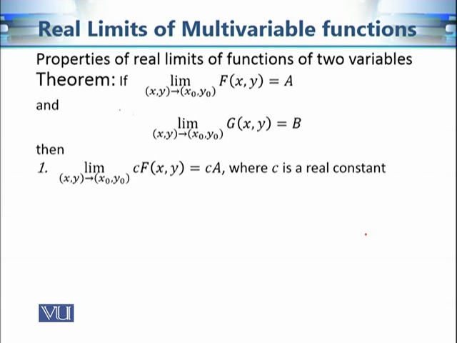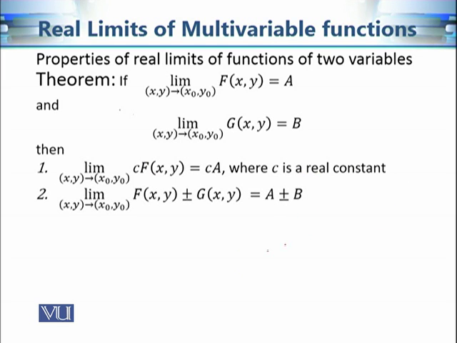Now, there are some further properties of limits of real valued functions. So if there are two real valued functions, f(x,y) and g(x,y), with the following limits. If this limit as (x,y) approaches (x0,y0) of f(x,y) is a, and if the limit as (x,y) approaches (x0,y0) of g(x,y) is b, then we can prove that the limit of c f(x,y) is ca, where c is a real constant.